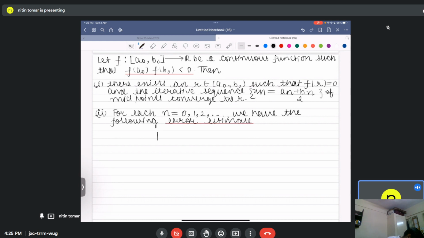This was the sequence, and xn minus R, the difference between the approximate values of the root and the real value, is the error, and this is bounded by half power n plus 1 times (b0 minus a0), and this we know why, right? And you see this goes to 0 as n goes to infinity. This is just a remark. So the proof, you just see.